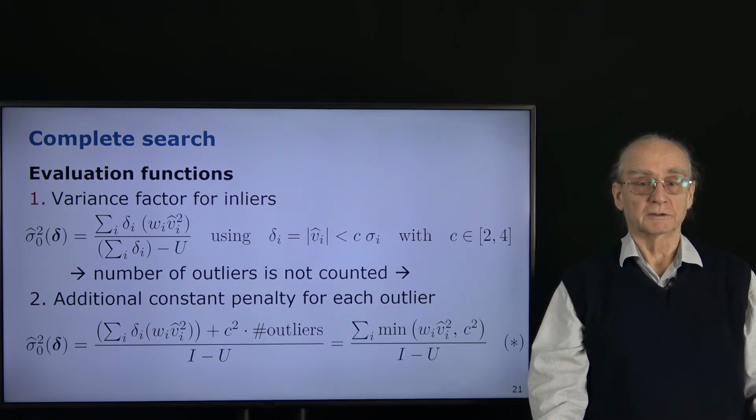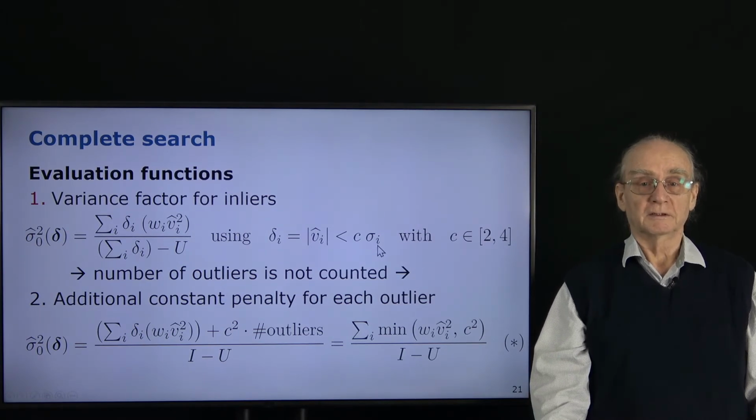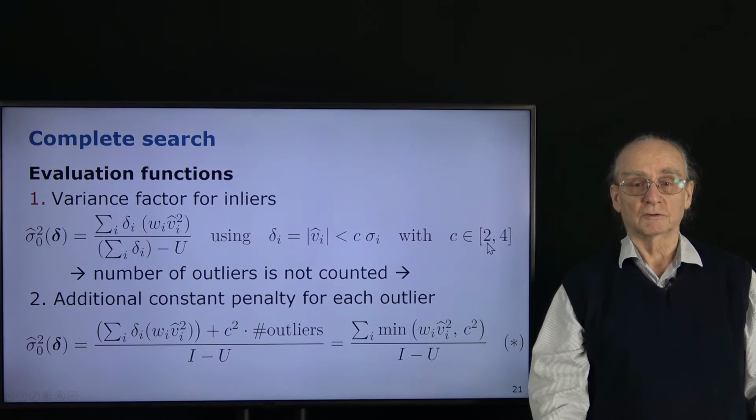And you see the delta is just a decision variable which says whether the residual is smaller than a factor c, a critical value, multiplied with the standard deviation, and c is usually in the range of 2 to 4.